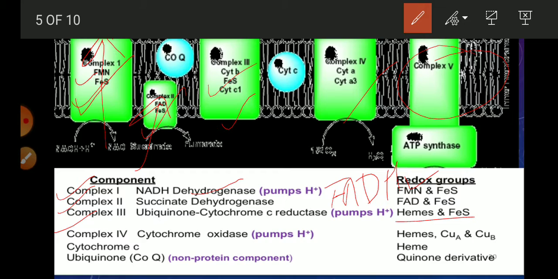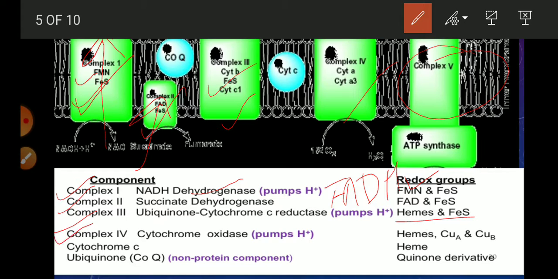There is also a series of cytochrome proteins. Some are embedded in complex 3 and some in complex 4, and an intermediate cytochrome, called the mobile electron carrier, is also present.